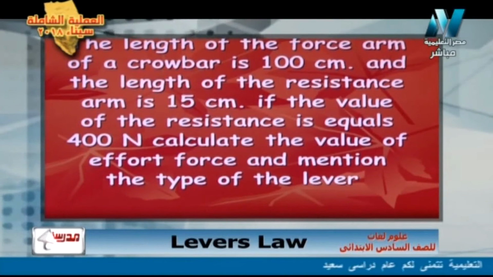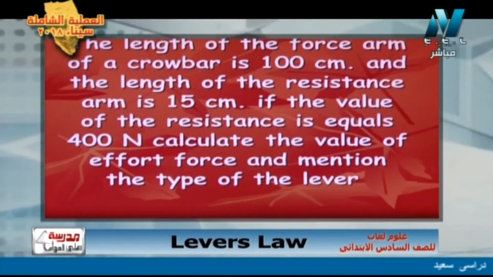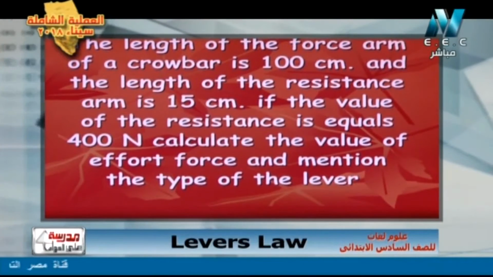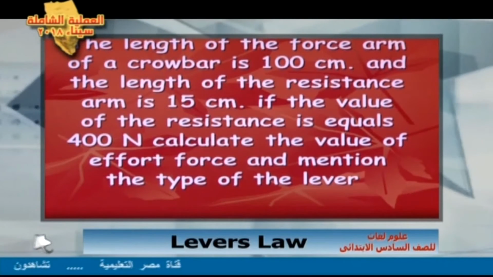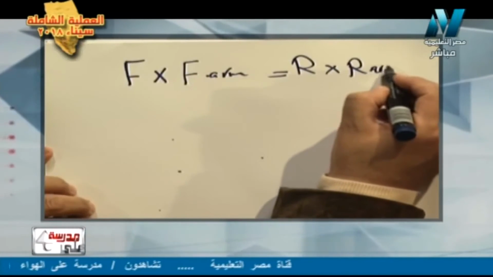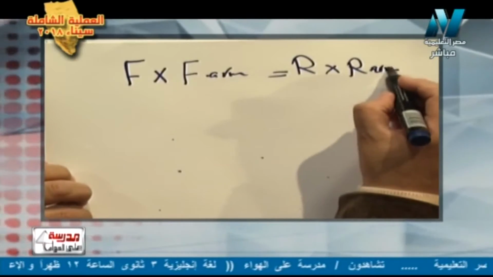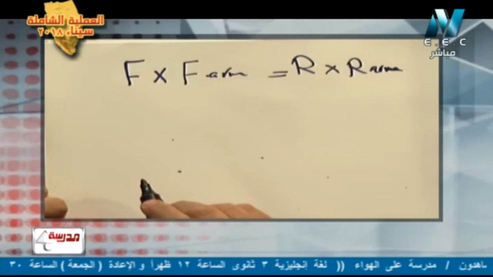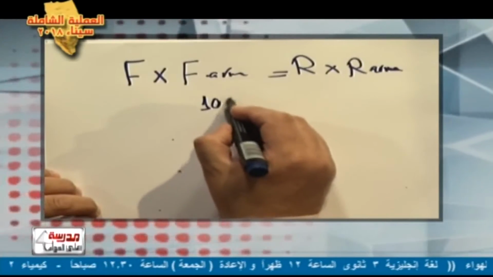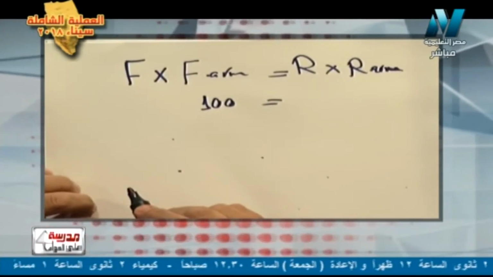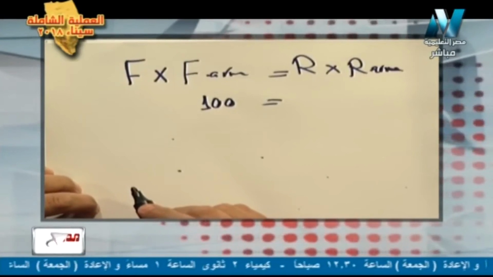The first step: I can say effort force by effort force arm equals the resistance by the resistance arm. The problem says that the force arm of a crowbar is 100 centimeter, so here it gives me the force arm. And the length of the resistance arm is 15.